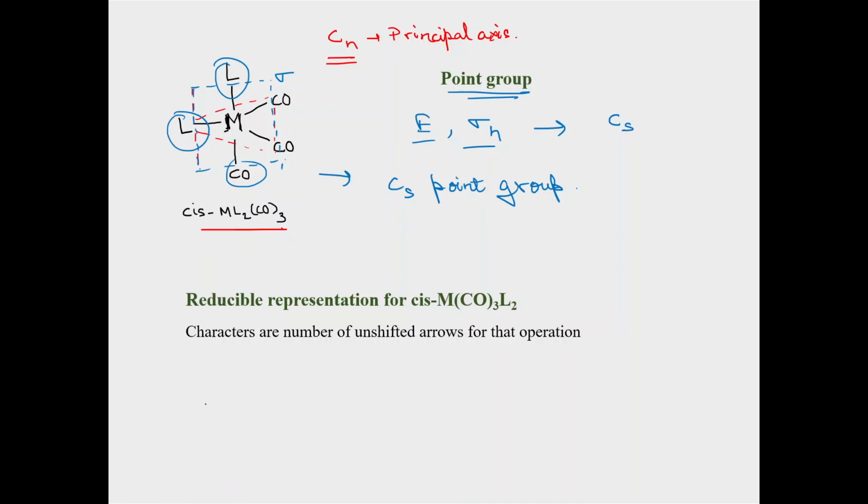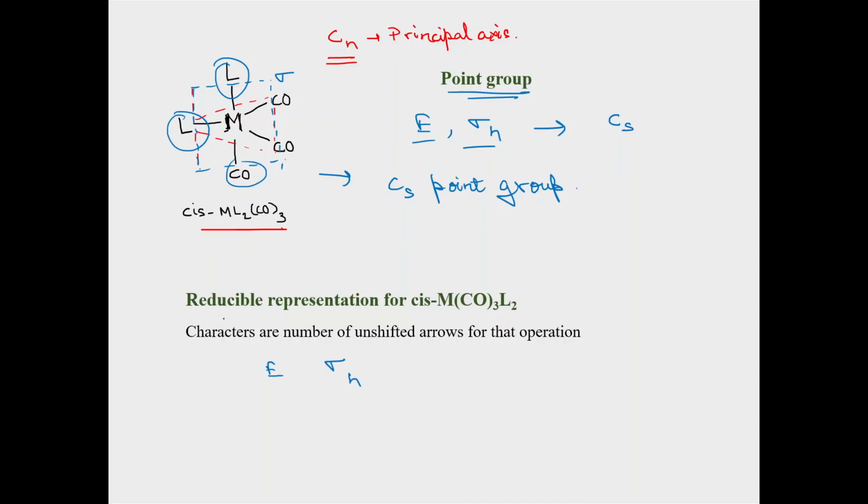Now moving on to the reducible representation for cis-M(CO)3L2. First we have to write the reducible representation for this. The only two operations in this complex are E and sigma h.